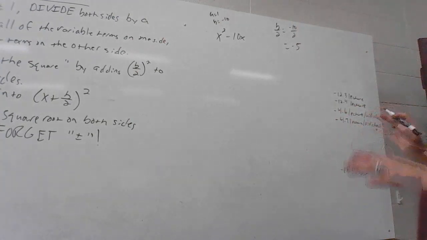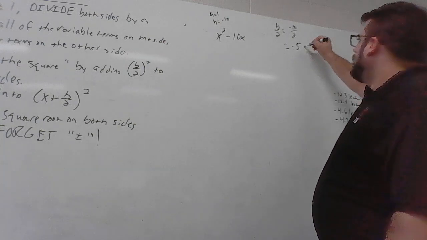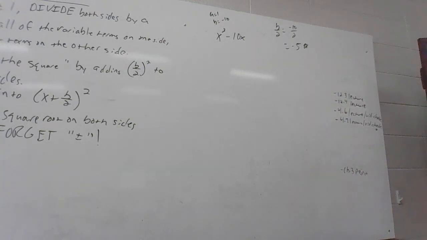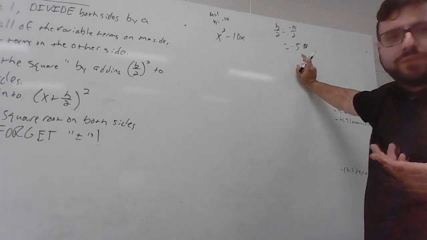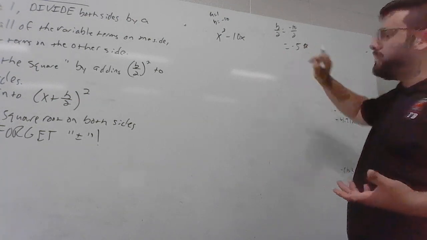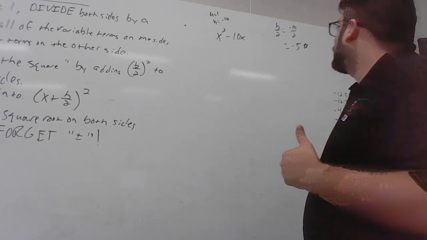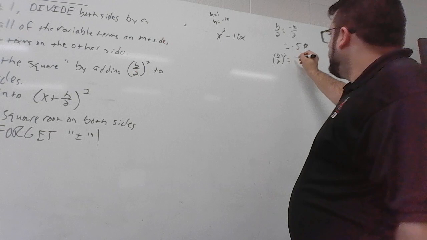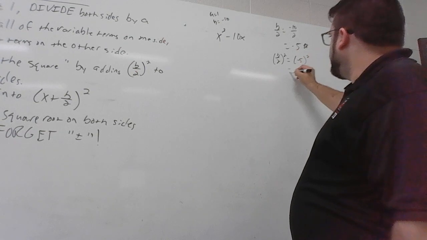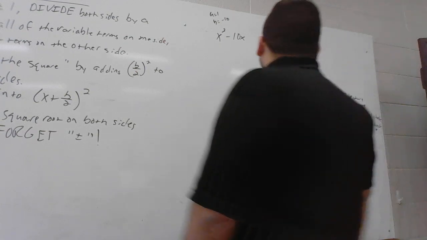Now, when you find your b over 2, find some kind of way to remind you to come back to that, because when we factor that perfect square trinomial, that number is what's going to be in that factor. Okay? So b over 2 squared is negative 5 squared, which is 25.